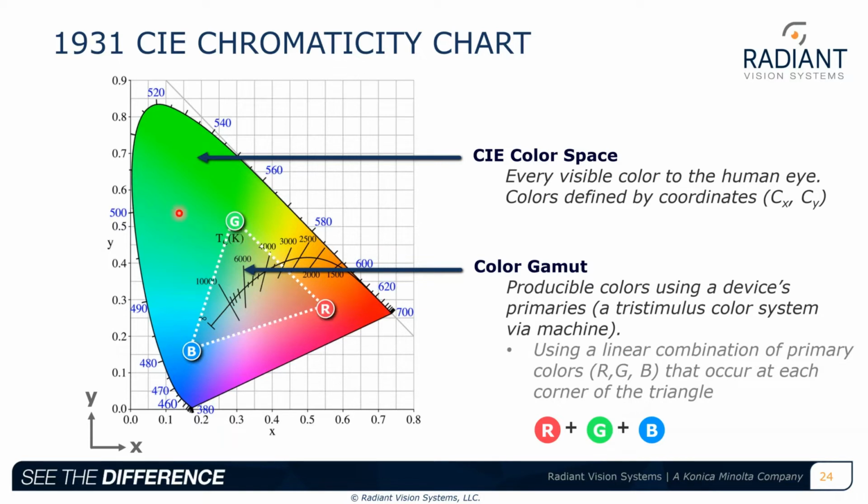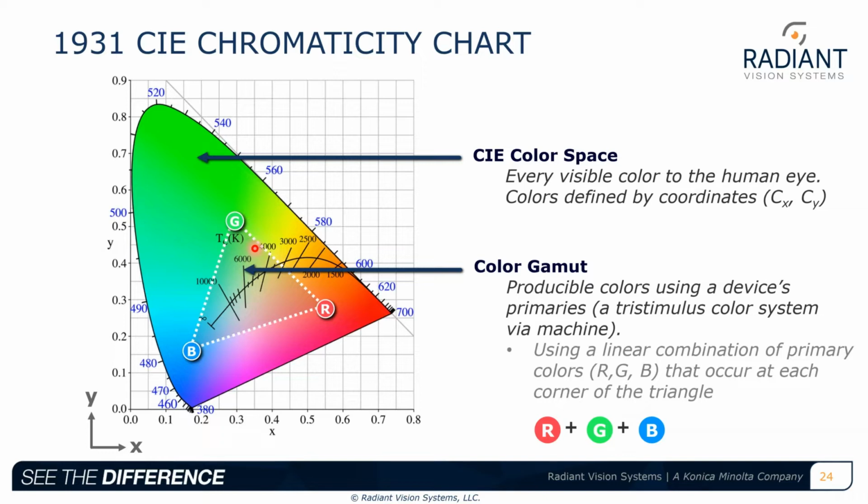I can't, for example, make a color out here because it's not within the color gamut. There's no way to add more red or more blue to this green and get farther up here. All I can do is pull it towards the blue or towards the red. So a typical thing to be defined for a device or product might be the color gamut that it has to produce.